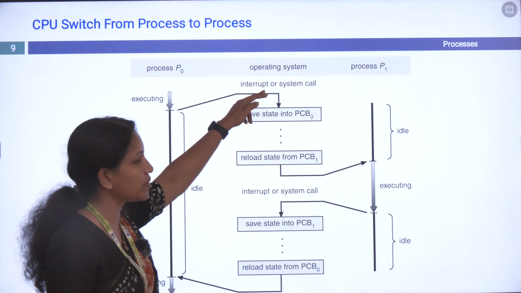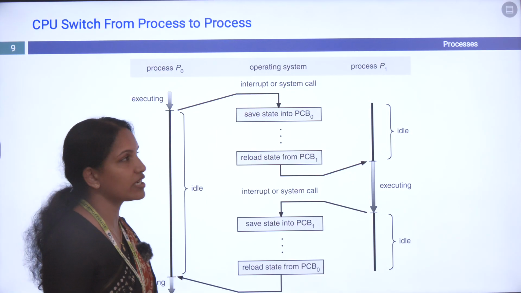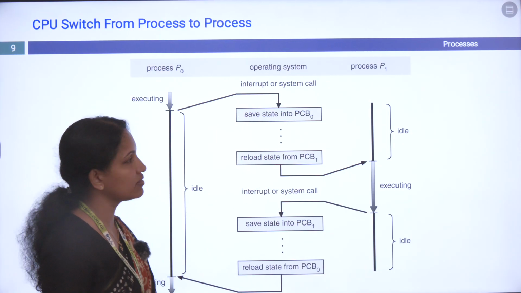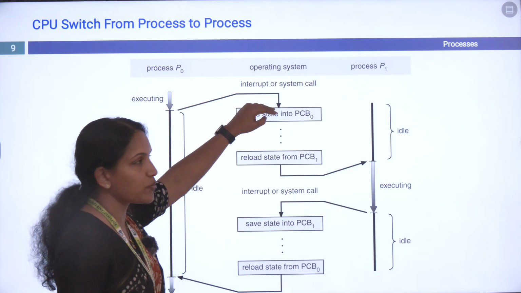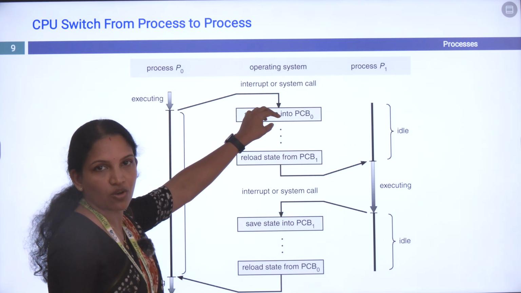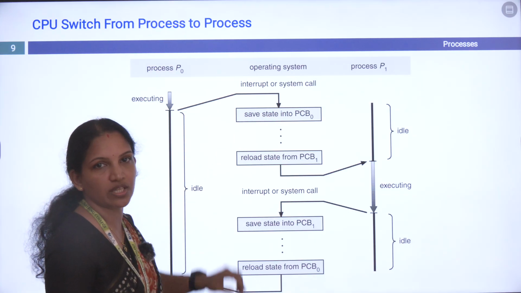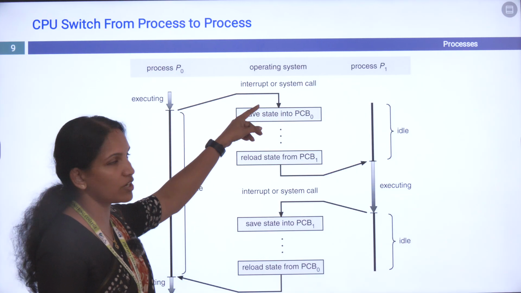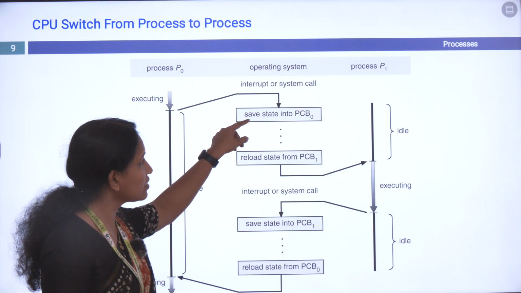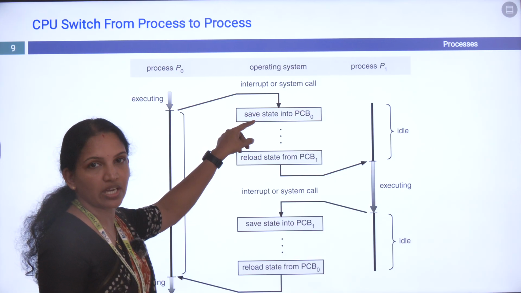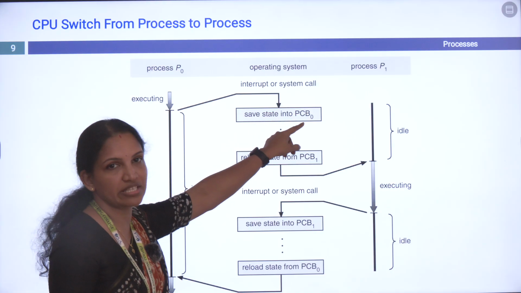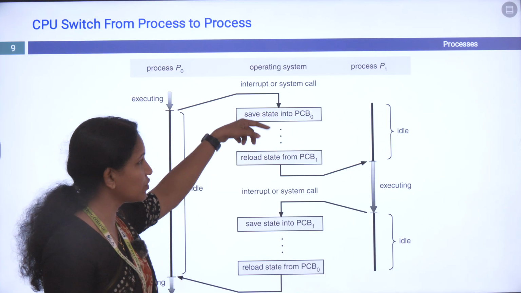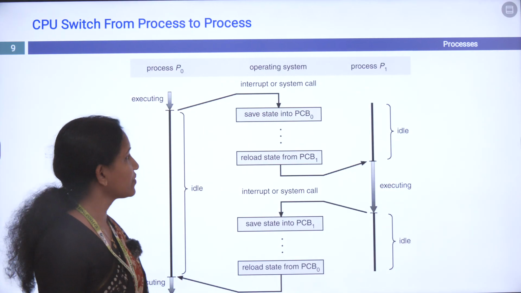In the middle, an interrupt or a system call occurs. Assume that an interrupt occurs. Then process P0 will get suspended because the processor has to execute the corresponding interrupt service routine. So the OS will save the state of process P0 into PCB 0 and go for servicing the interrupt.